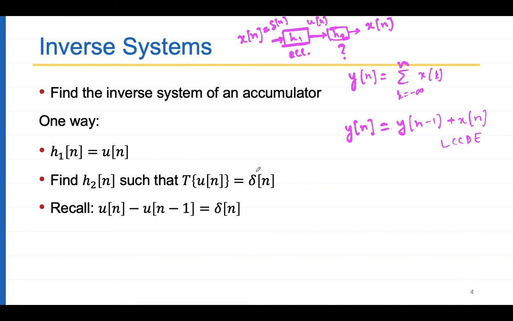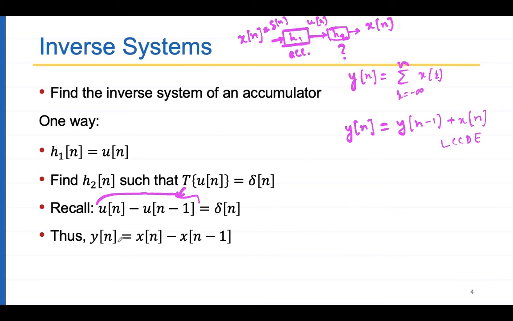In this way, we'll be using some known results to get to a form of h2. So what is that known result? I know that u of n minus u of n minus 1 is delta of n, if you remember the mathematical jugglery which we did last week. So we can use this result and put it here, that the transformation of u of n is equal to delta of n.